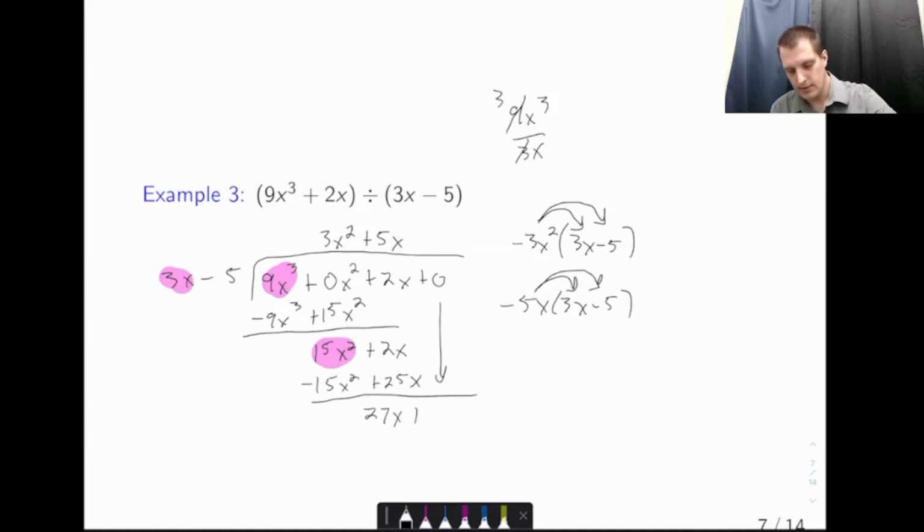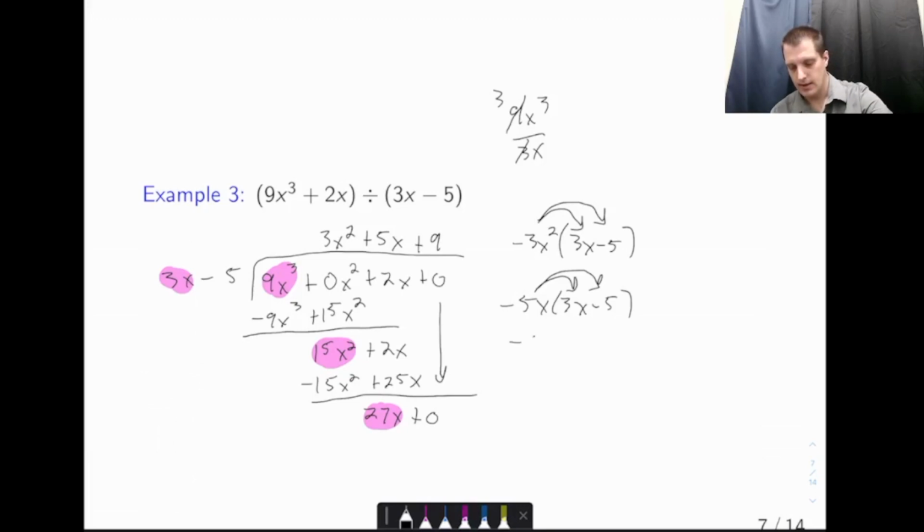Going to bring down the 0, which, yes, I guess we did need, because this, which I'm about to highlight, has the exact same power as the 3x, not one lower, so we do need to actually do some more math here. All right, 3x goes into 27x 9 times.